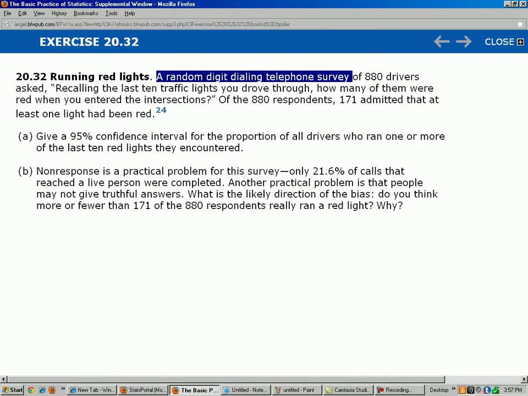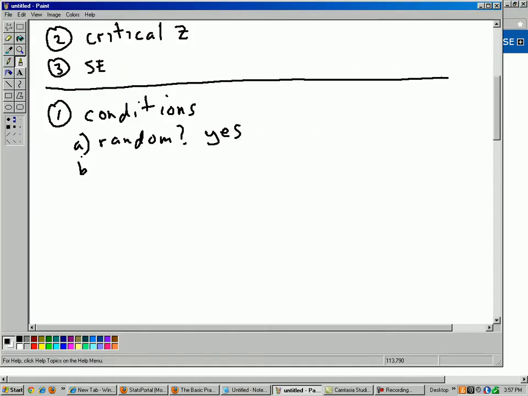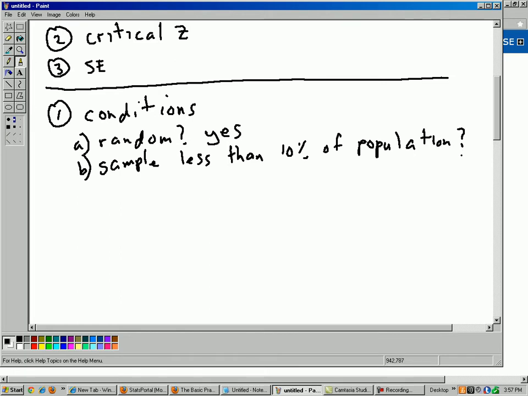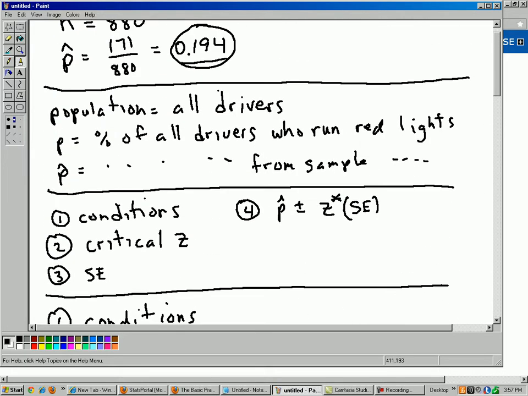That's good. And next, the next thing you have to check is, is the sample less than 10% of the population? Well, that's a yes, because our population, go back to what our population is. Our population is all drivers.